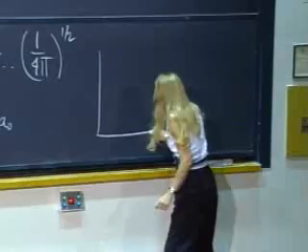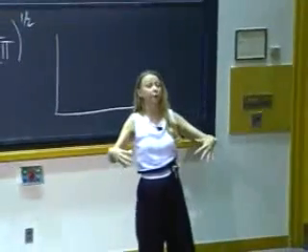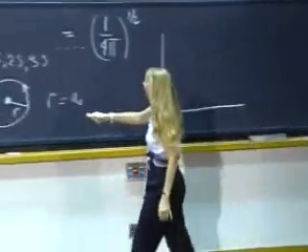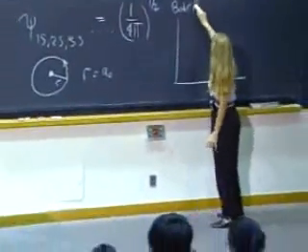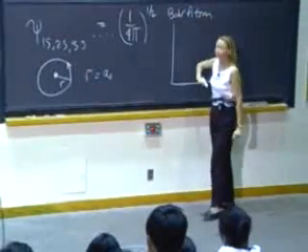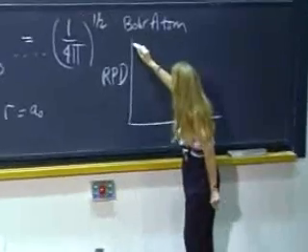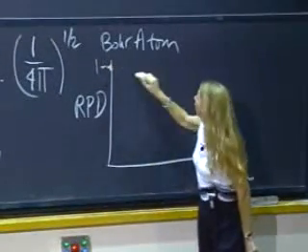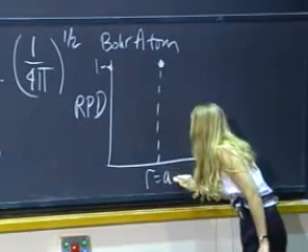And if you calculate the radial probability distribution function for this model, which is called the Bohr atom, well, the radial probability distribution function for this Bohr atom would be one where that radial probability is 1 right here at R equals A0.